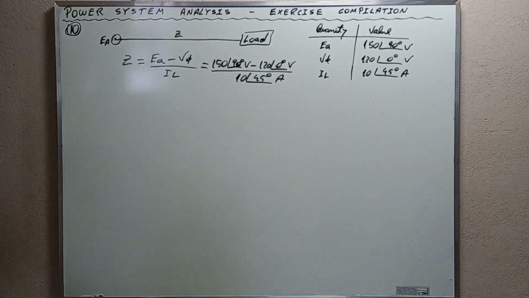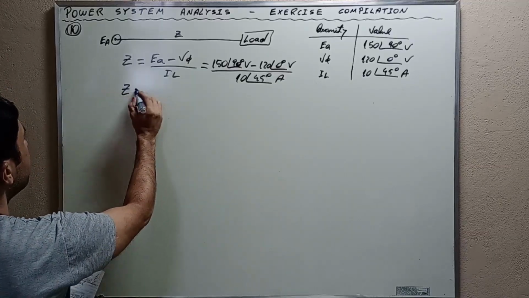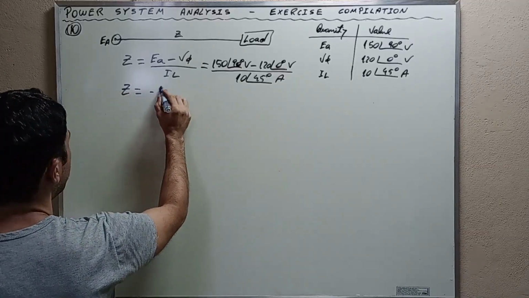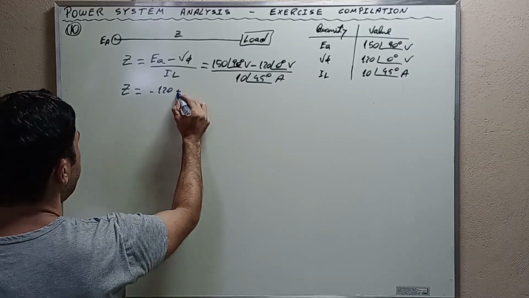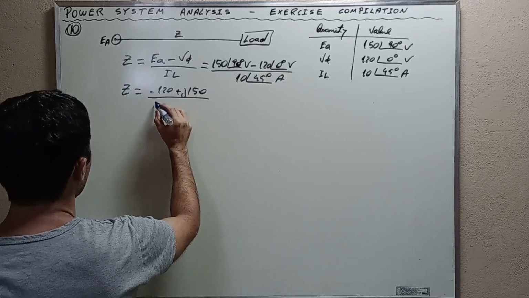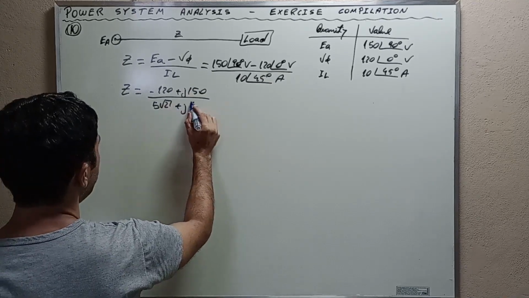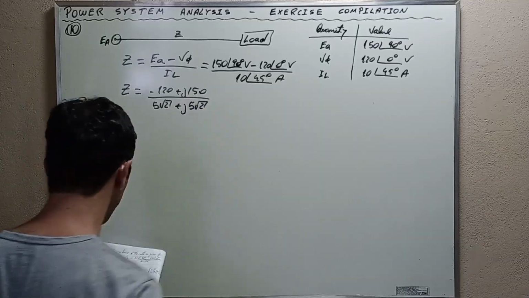Okay, but this is in the polar form. We need to convert it to the Cartesian form. Let's do it. Z is equal to negative 120 plus j150 divided by 5 times the square root of 2 plus j times 5 times the square root of 2.